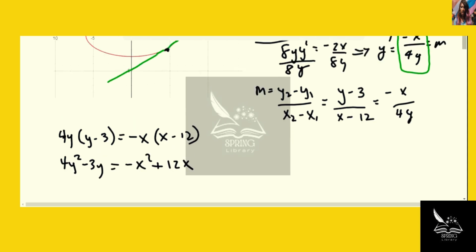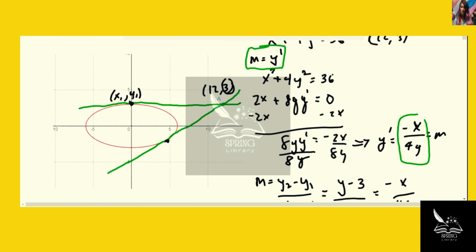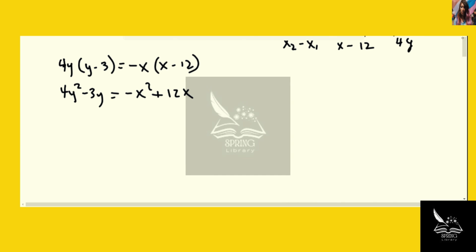And the trick to this is, I know this expression here equals 36. So if I can find an x squared plus 4y squared in my equation down here, I can replace it with 36. And I can in fact do that if I add x squared to both sides here. So we get 4y squared plus x squared minus 3y equals 12x.